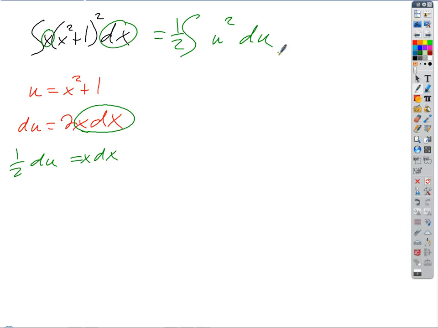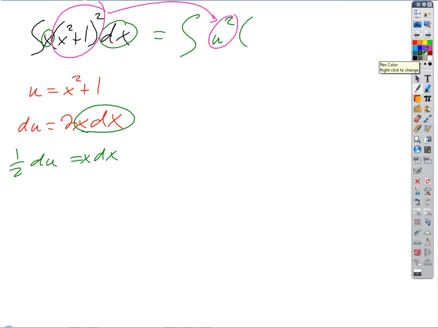So why did I put the 1/2 out front? Because that's where ultimately we want to put it anyway. Where did it come from? It came from here, right? So here's what I did. Let me go back just a little bit. So this right here becomes that, right? x dx becomes 1/2 du, right?